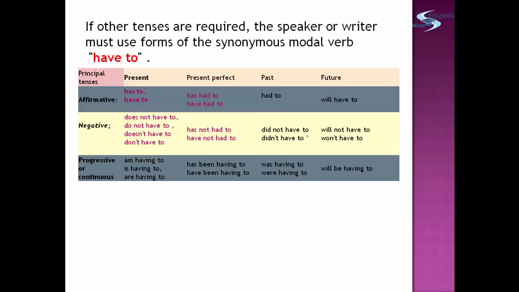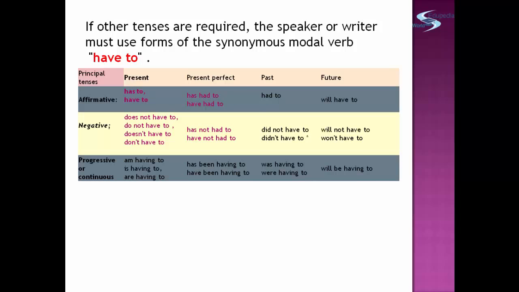Present negative: does not have to, do not have to, doesn't have to, don't have to. Present perfect negative: has not had to, have not had to. Past negative: did not have to, didn't have to. Future negative: will not have to, won't have to.